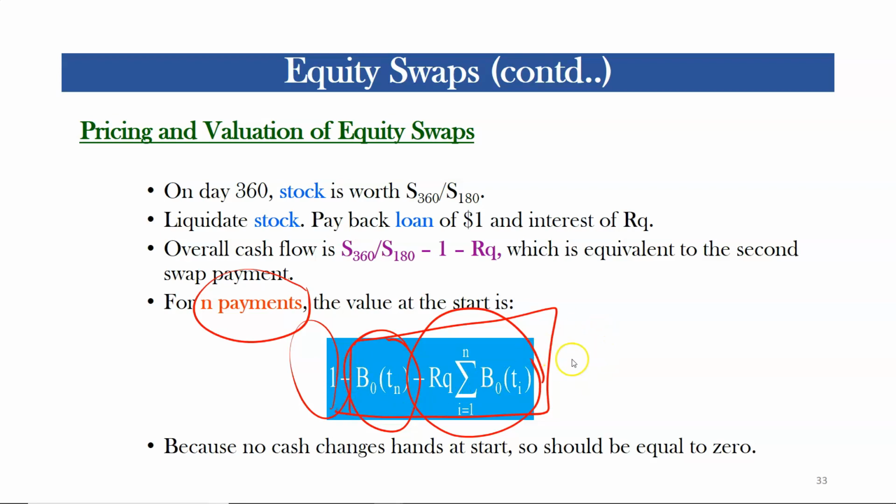As we know that at the start no cash changes hands, the value of this portfolio should be equal to 0. So we set this equal to 0 and then solve for R, which effectively gives us the fixed rate formula in a plain vanilla interest rate swap that we have on the next slide.